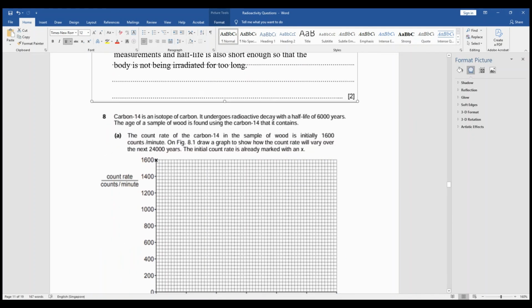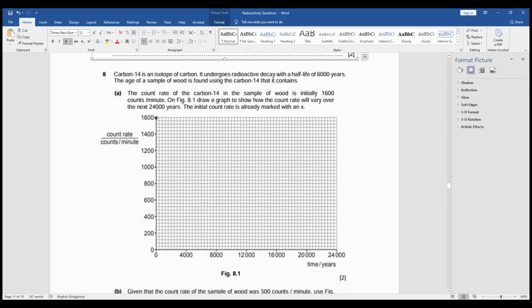Okay, next. Carbon-14 is an isotope of carbon. Its radioactive decay has a half-life of 6,000 years. We need to mark this. The count rate, draw a graph. The initial count rate is 1600.